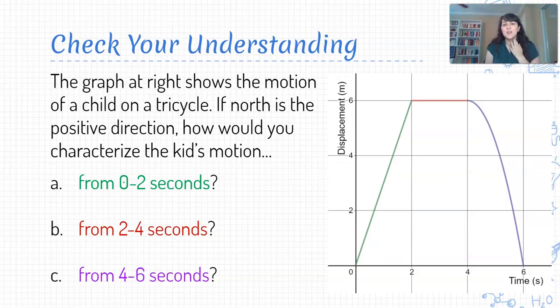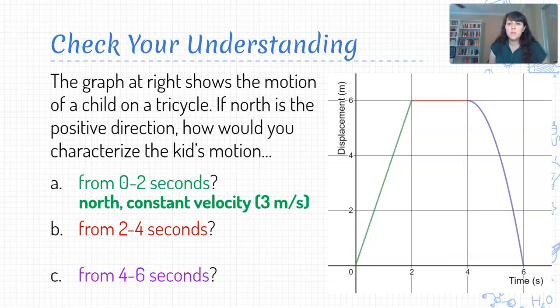I've got here the graph representing the motion of an object, of a child. A child is not an object. A child on a tricycle. If we say that north is the positive direction, how would we characterize the kid's motion from 0 to 2 seconds, that green region of the graph? What I'm seeing here is that we've got a nice linear relationship, a nice straight line for displacement versus time.